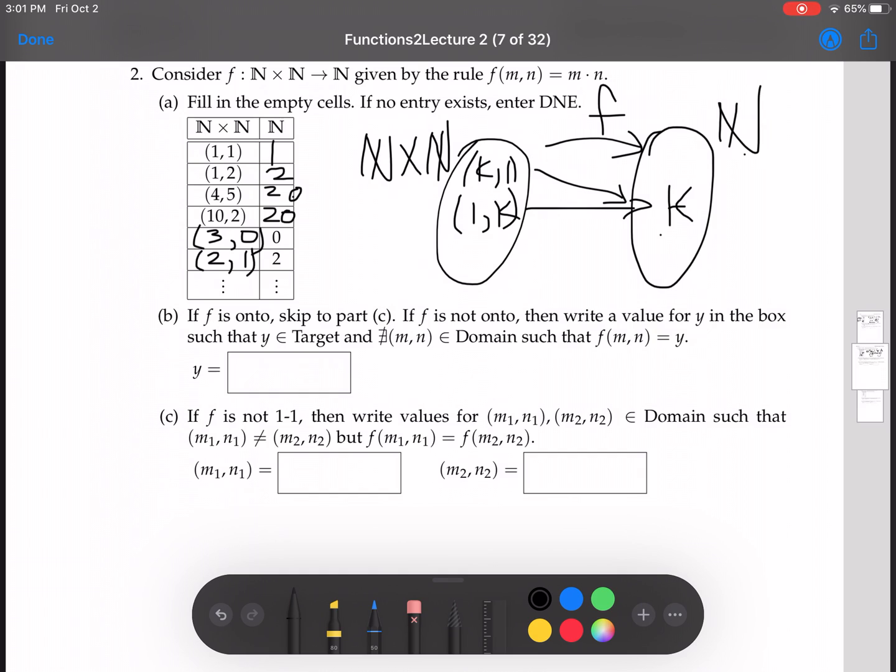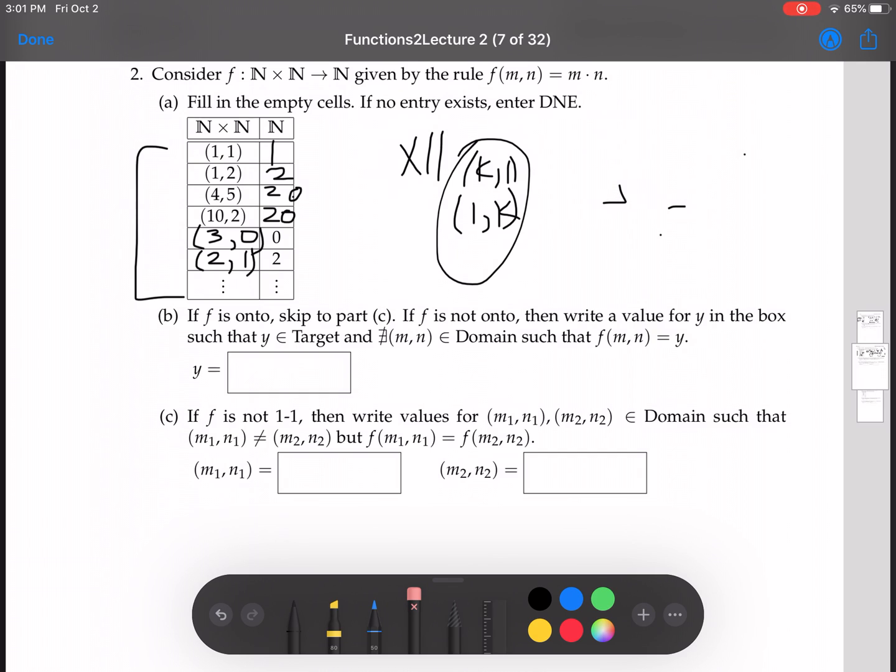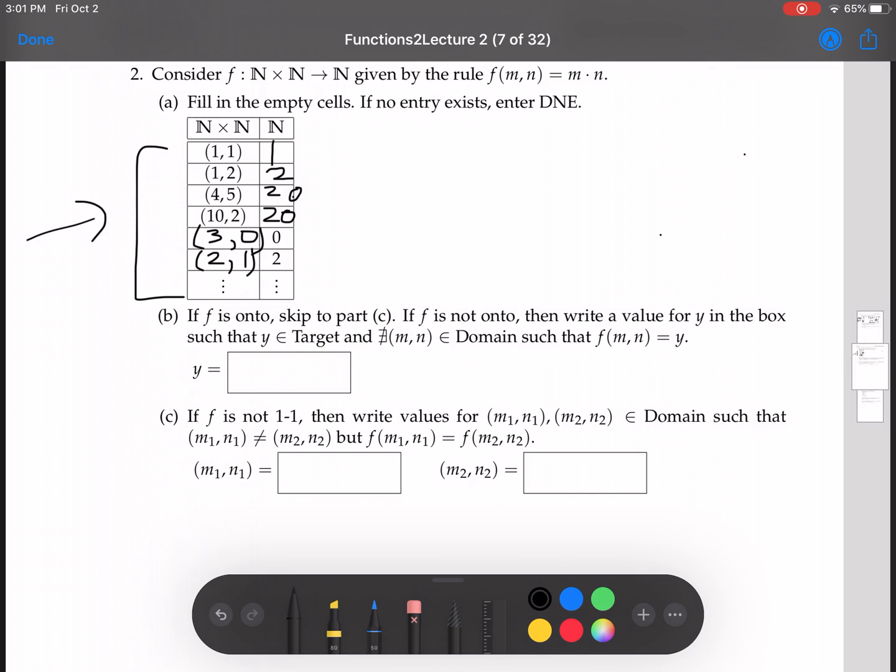And in this case, just because we don't see any D and E's over here, you can say, well, okay, it's definitely onto. The math majors will have to think about it more intensely in later classes. No D and E's here, so we're going to skip to the next part.